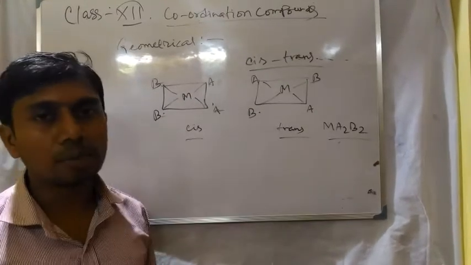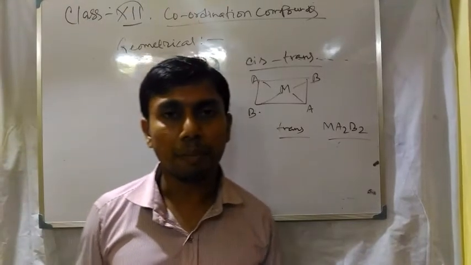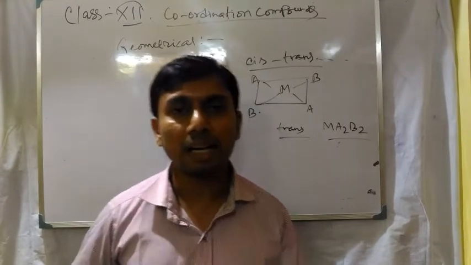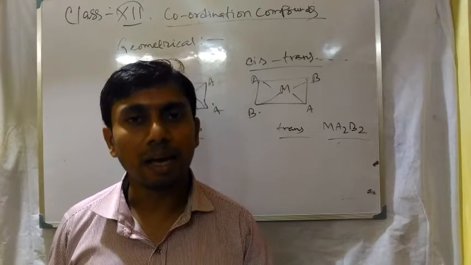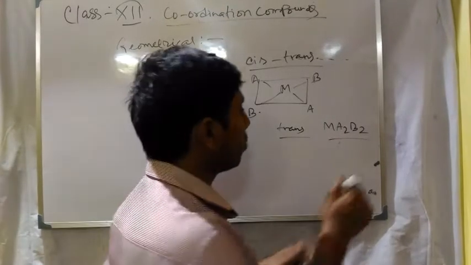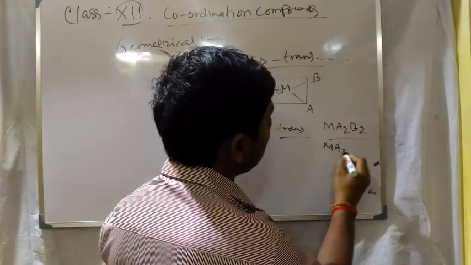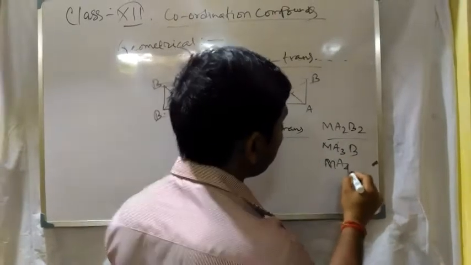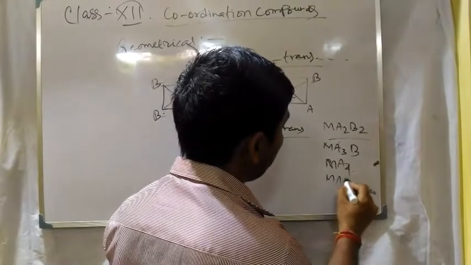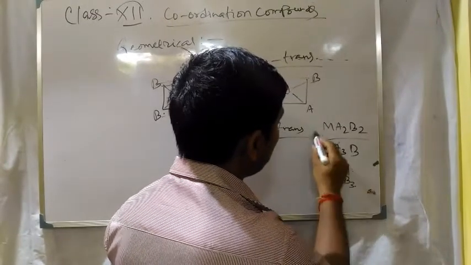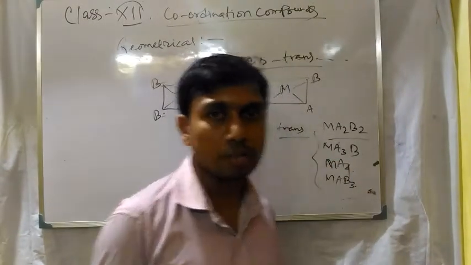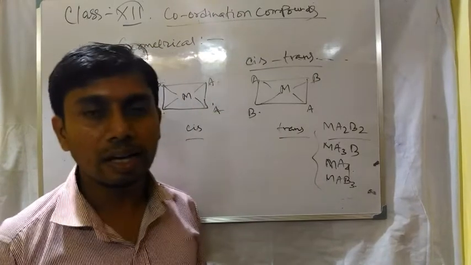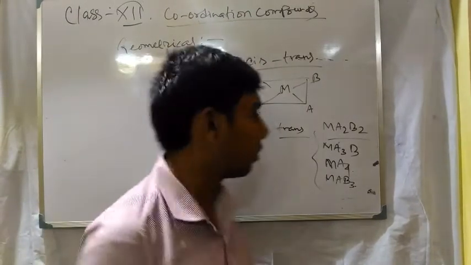But if the composition is different, it may be a bidentate ligand, it may be an A3B type compound, or MAB3. This composition is also possible.